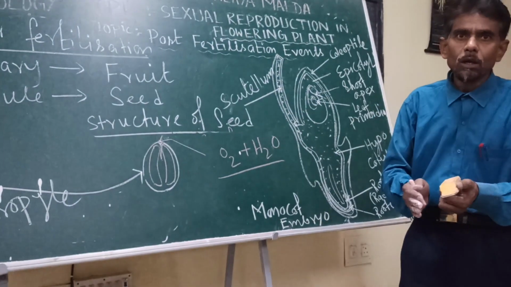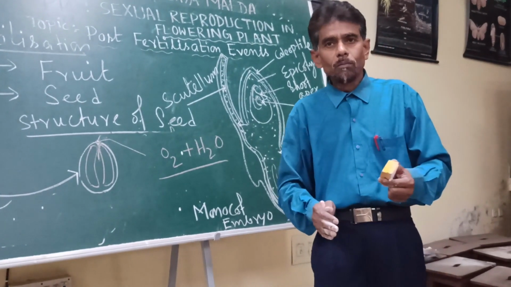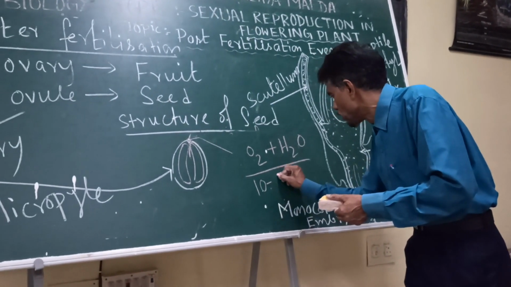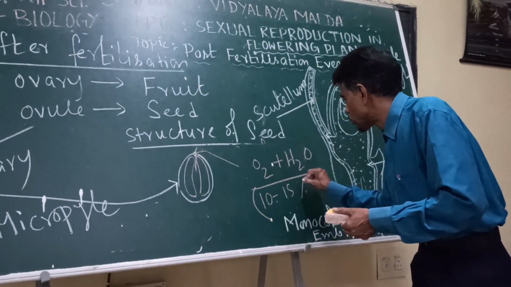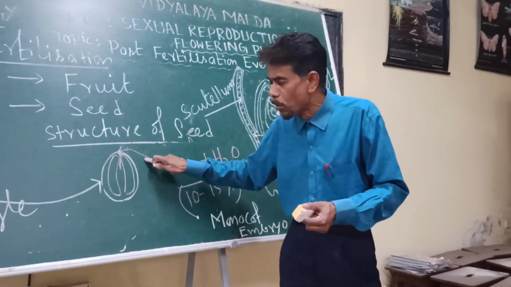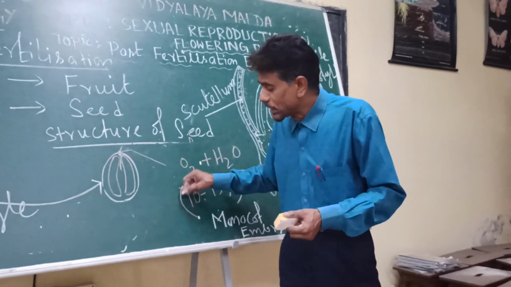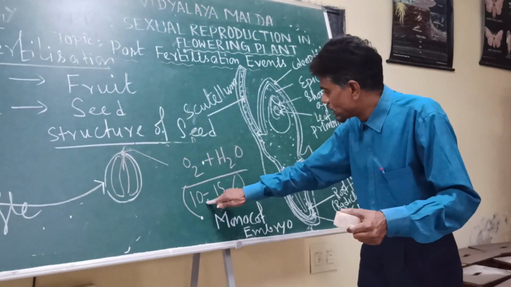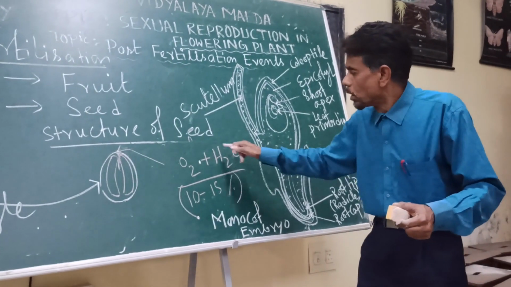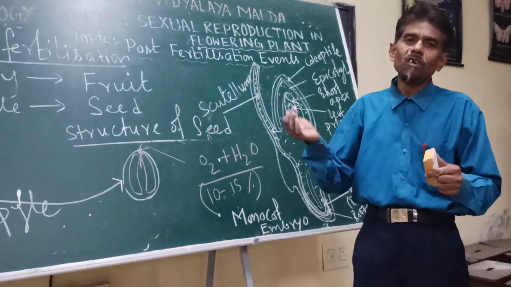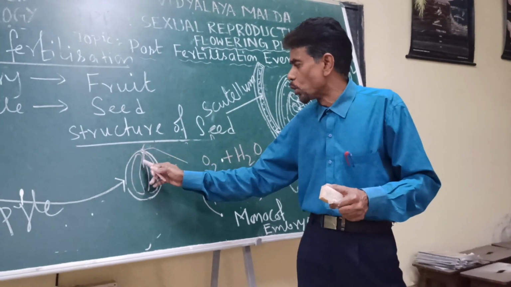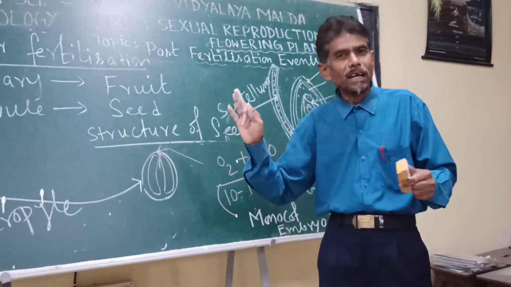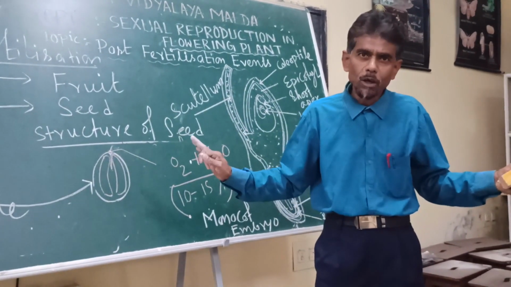If you keep the seed in an isolated place, in a dehydrated form, the water content will reduce to 10 to 15% only. This will not help or promote the seed germination. In that case, the seed will remain in dormant condition. When again the moisture becomes more, oxygen is available, then it can facilitate the germination, and through this the oxygen and water will enter into the seed. Is that very clear to you?